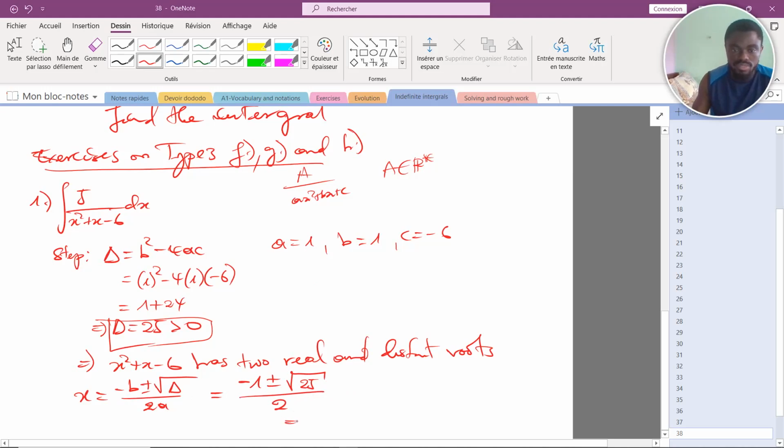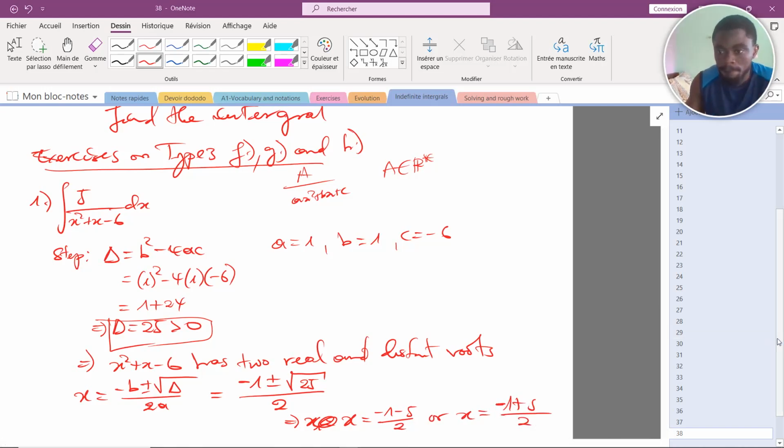So x will be equal to minus 1 minus the square root of 25, which is 5, all over 2, or x will be equal to what? Minus 1 plus 5 all over 2.